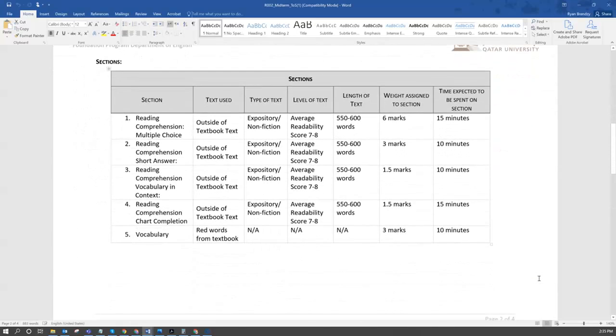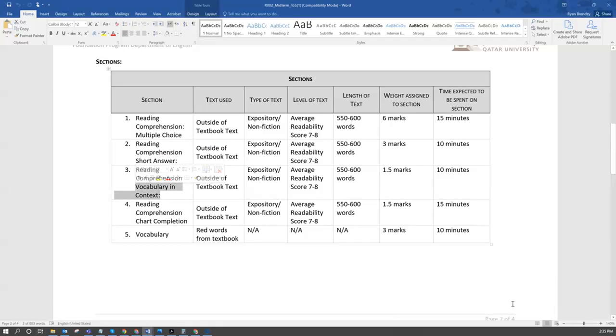The important part is to know what is on the actual exam. You're going to have a text, and there will be questions about the text, and the length of the text is about 550 to 600 words. Here we have multiple choice questions, short answer questions, and vocabulary in context.